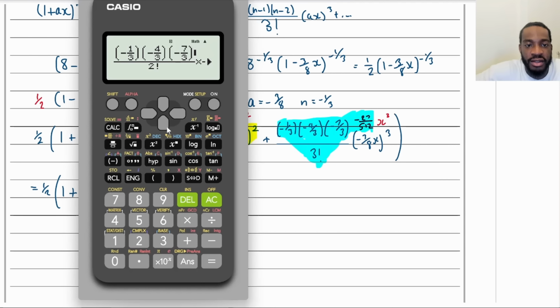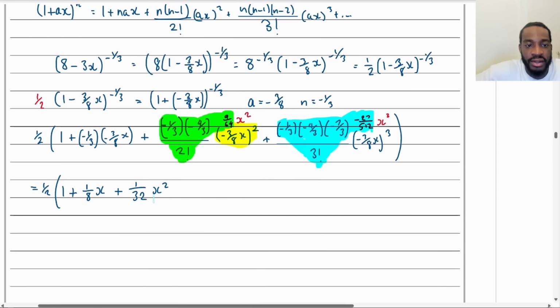Close bracket, and then the 3 factorial is going to go there. And then that will give us 7/768. So that would be plus, that was positive, right? Just double check that. Yeah. 7/768 x cubed. Okay. So then from now, all you've got to do is just expand this.